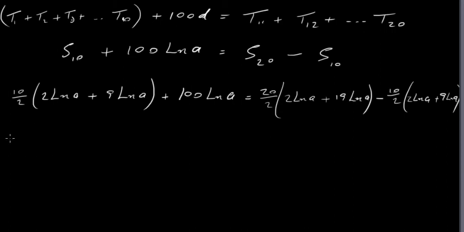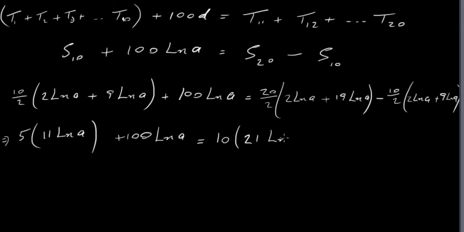So on the left hand side we get 5 times 2 log A plus 9 log A is 11 log A, and then we've got plus 100 log A here. On the right hand side we've got 10 times 2 log A plus 19 log A is 21 log A, minus 10 over 2, which is 5, and then we've got 2 log A plus 9 log A, which is 11 log A. Let's do all of this again.